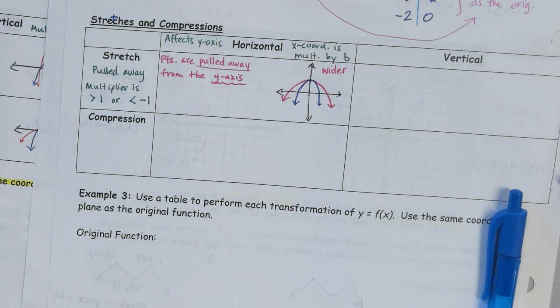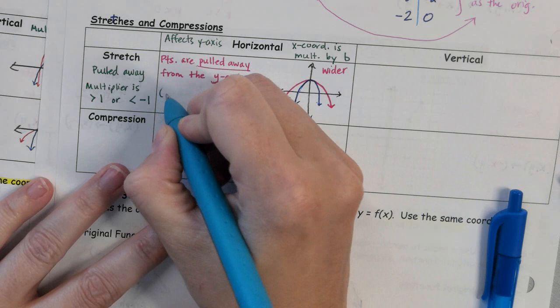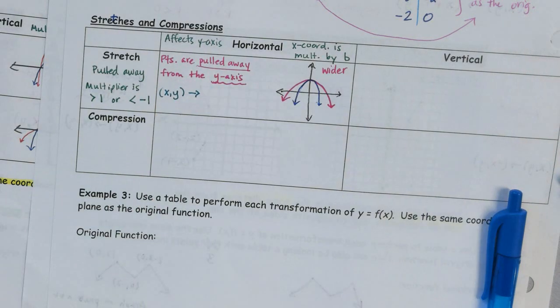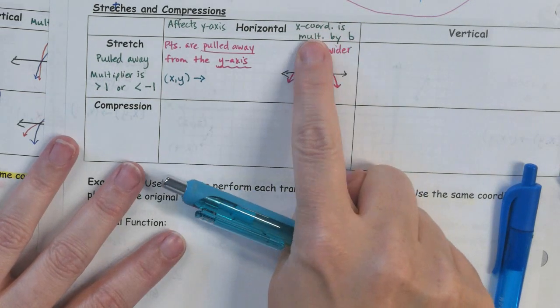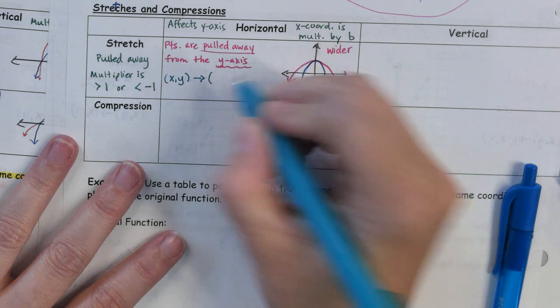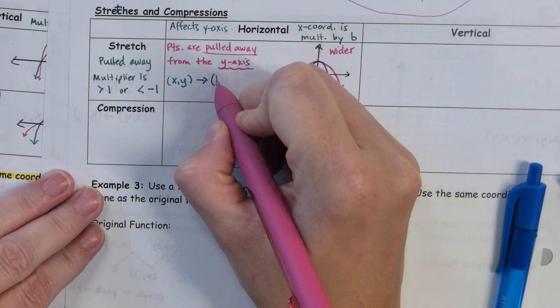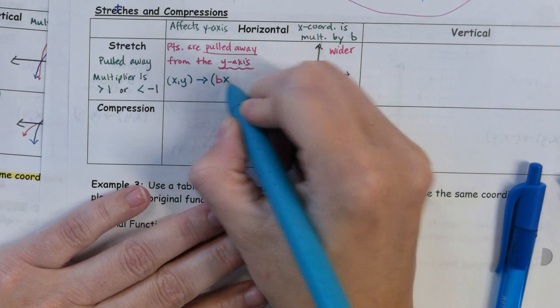Now remember, we have to apply the rules as well. When you see the rule, it's going to be x, y. Start with x, y, always for the rules. And then what happens is the x-coordinate is multiplied by what is called b. Again, b can be any number. It's usually a constant value. Well, it is a constant value.